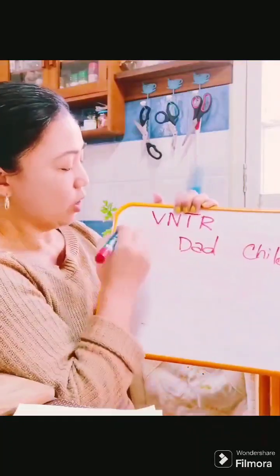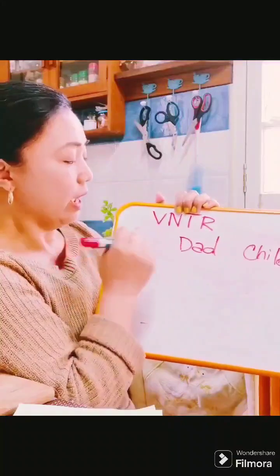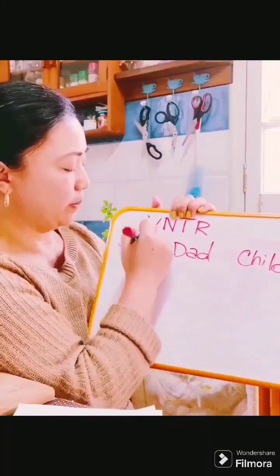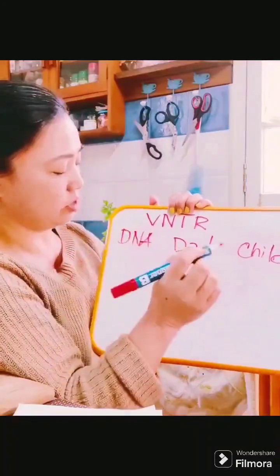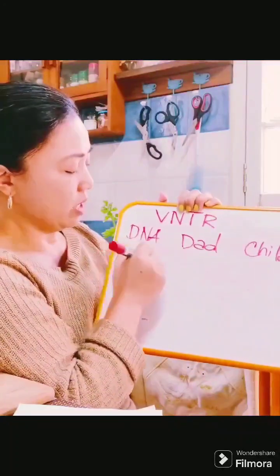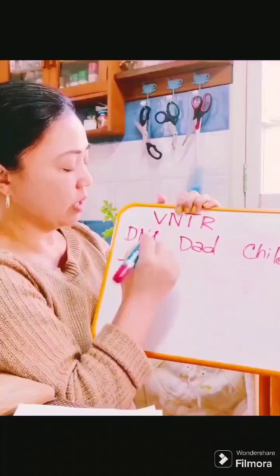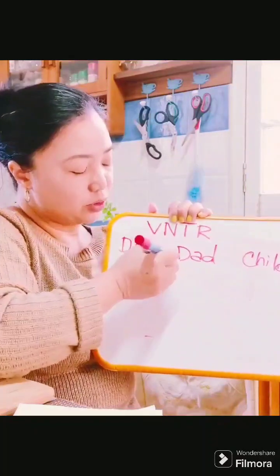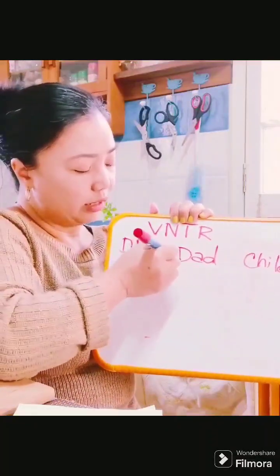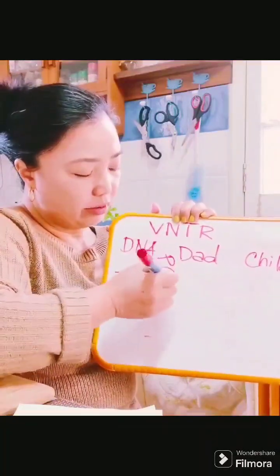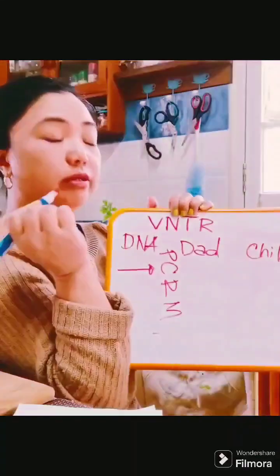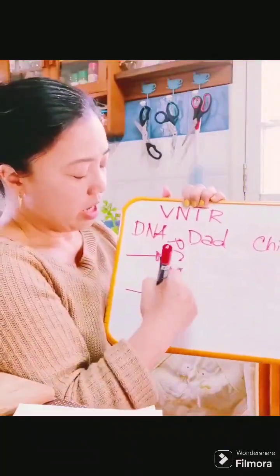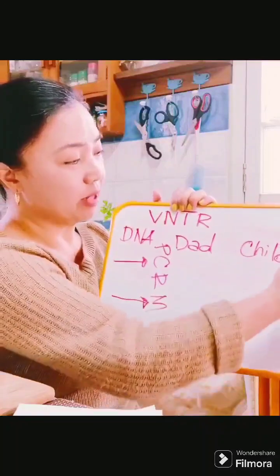So we have here the DNA imprints of the dad and the child, which will be passed through a gel or the polymerase chain reaction machine. Then they are going to have the imprints.